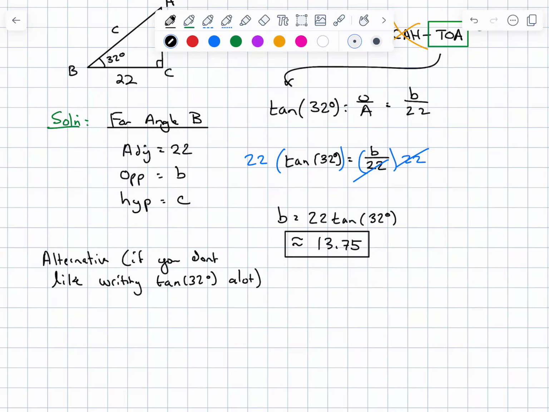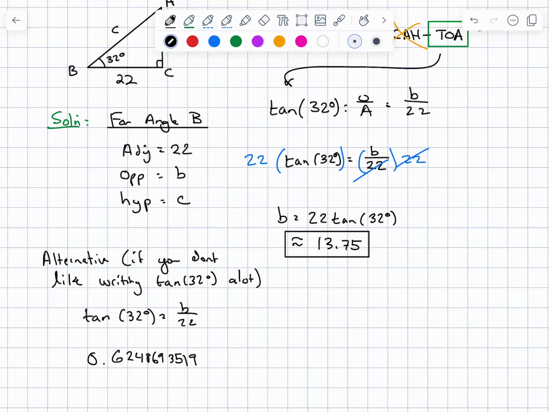So you've got tangent of 32 degrees is equal to B over 22. And then if you plug tangent of 32 degrees into your calculator, you get 0.62486935919. Yes, I'm going to write out every digit that I can.